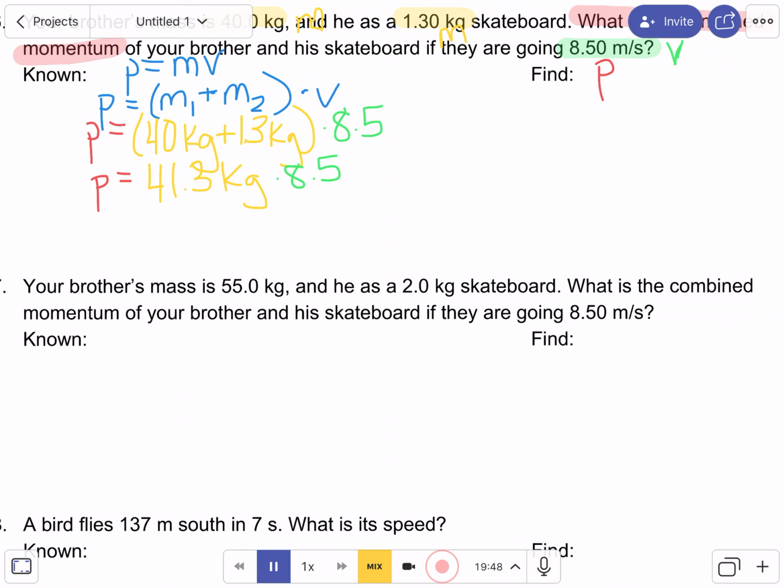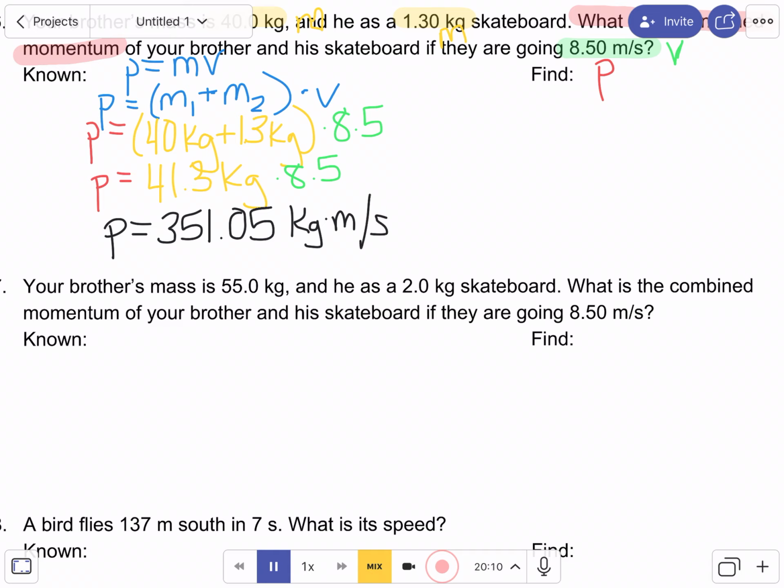So we have 41.3 times 8.5 equals, put it in black, P equals 351.05 kilogram meters per second.